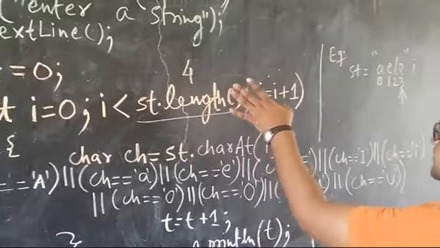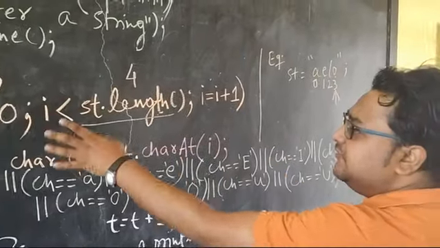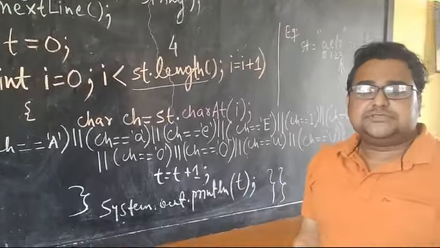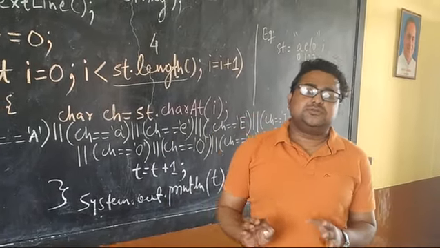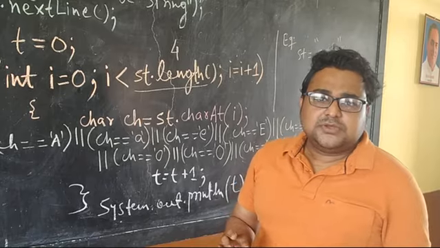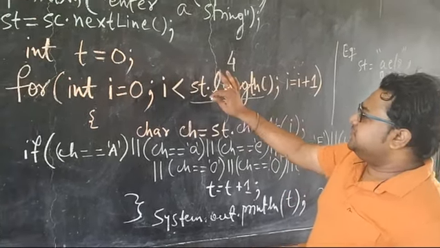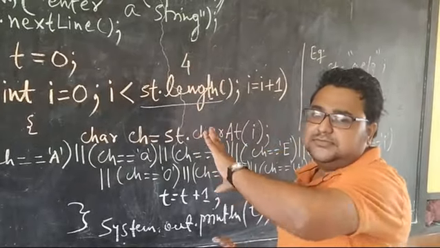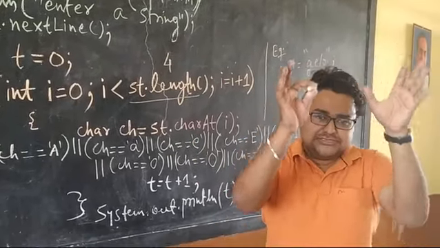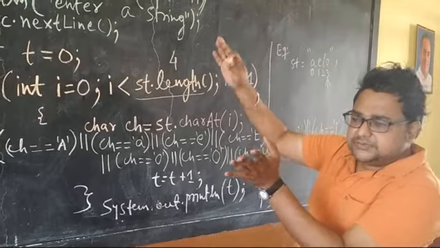This for loop you can use in any string manipulation question, and in the array chapter also. In the book it is given differently, because the answer is very long, so I made it very small.